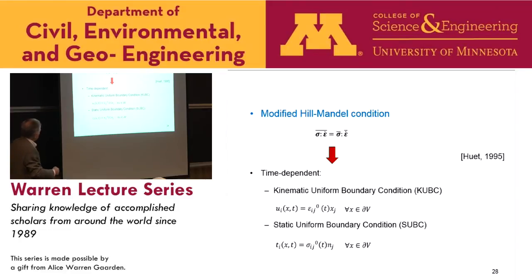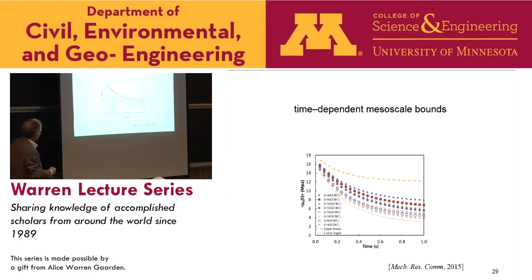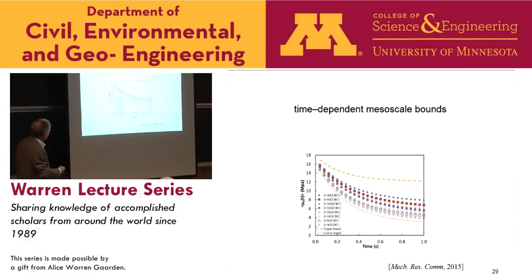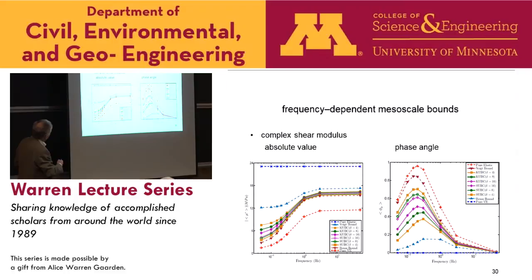And so then here's an example of what comes out, and one can get bounds on viscoelastic response with some numerical values for a particular mixture of components. One can do this type of thing in a frequency domain, and I'm showing here only a complex shear modulus, absolute value and phase angle, and everything has those consistent behaviors.